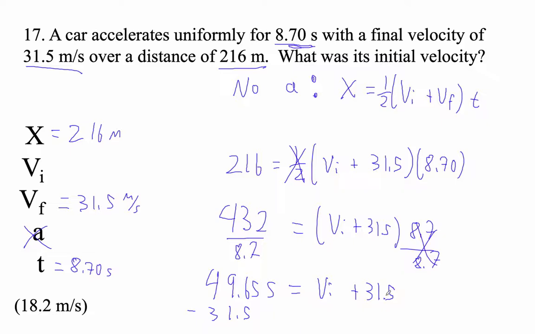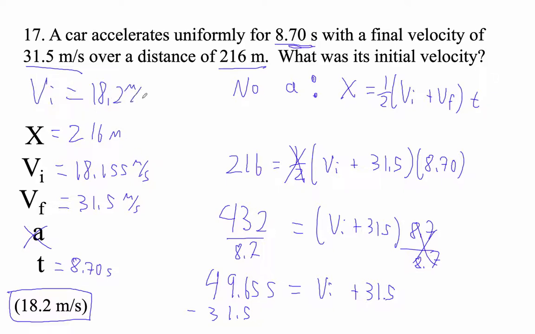And I get 18.155. So my VI is 18.155 meters per second. It would be reasonable to round this to 18.2, right? So the initial velocity is 18.2 meters per second.